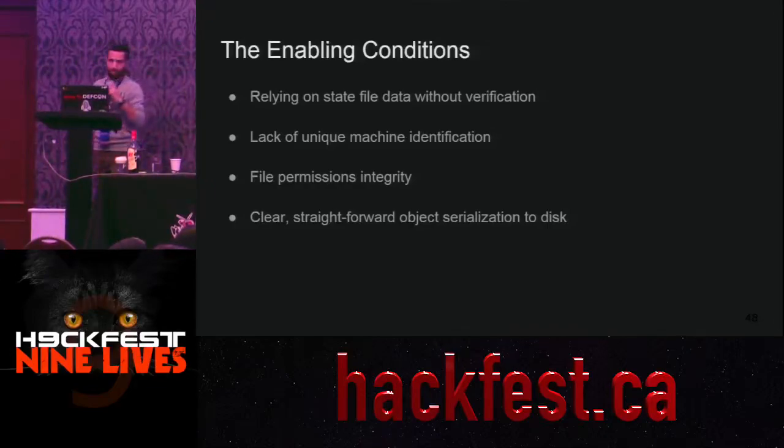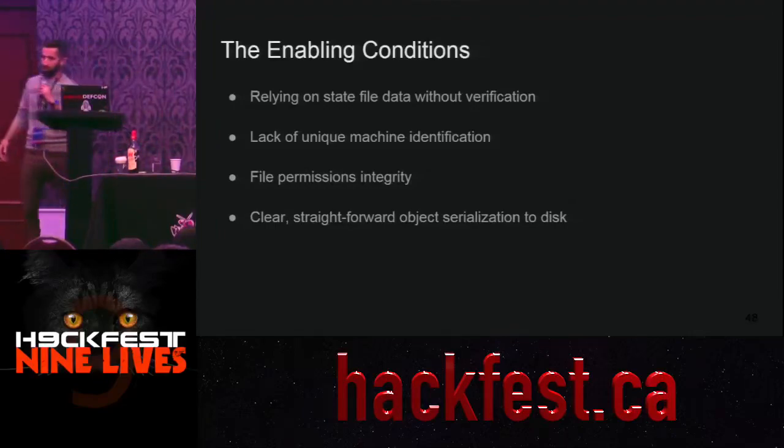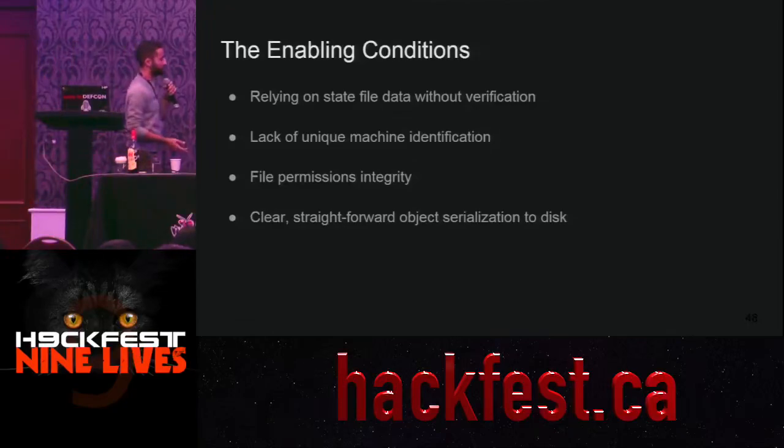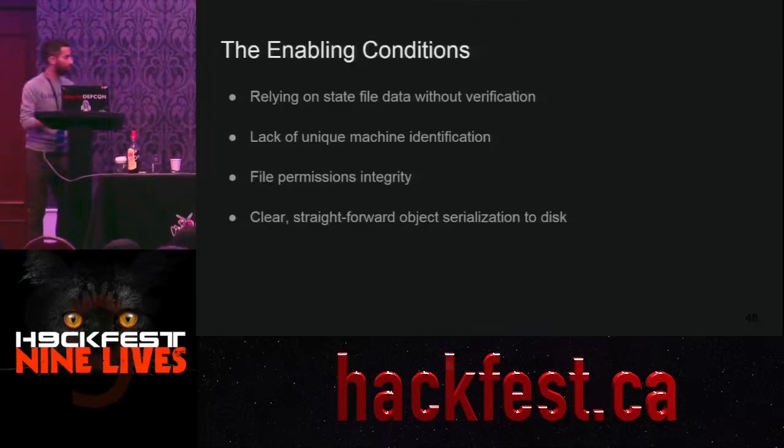Another problem is the integrity of the state file, that is operated by the system, but can be modified by an administrator that can stop the service. And the last one just made the whole thing easier: the file is just a clear, straightforward serialization of the objects.